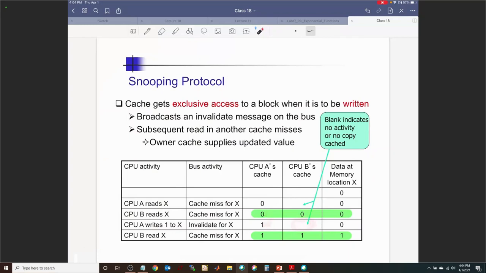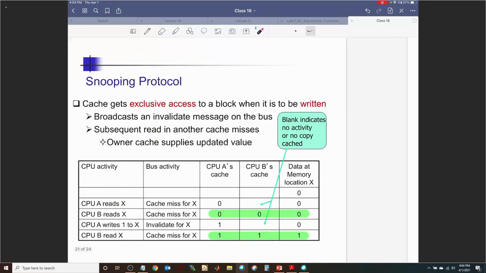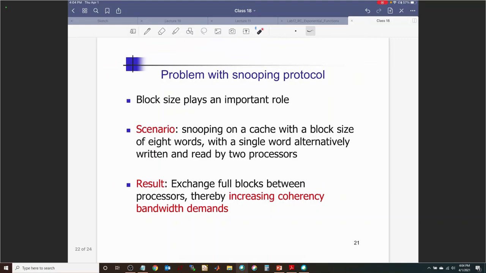So when you read and write from different processors with blocks that are really long, that have many words, that is going to be very stressful for the bandwidth between the CPU and your cache.